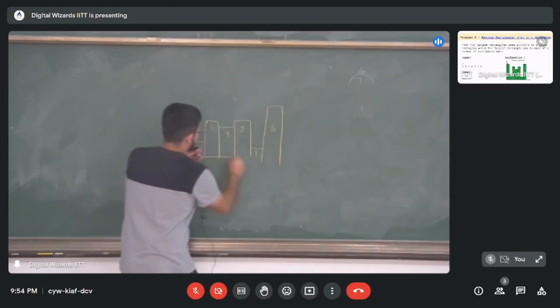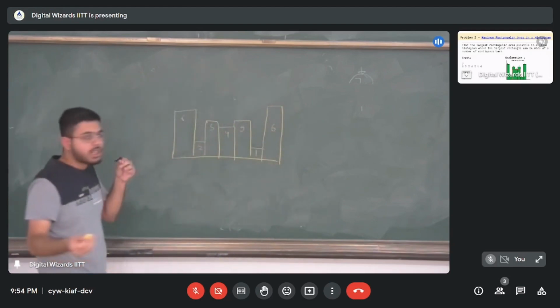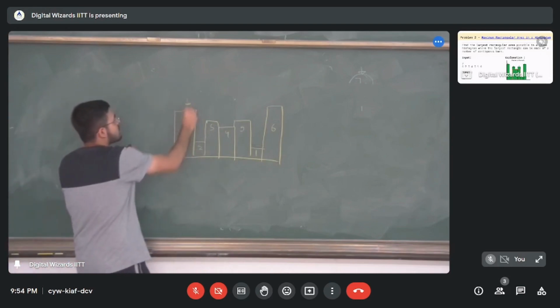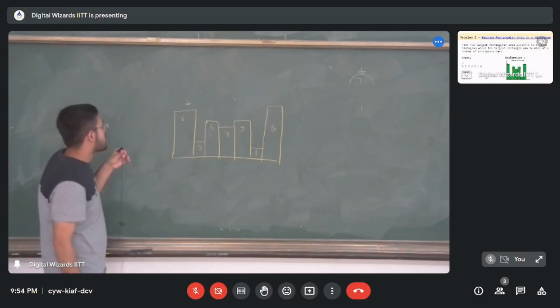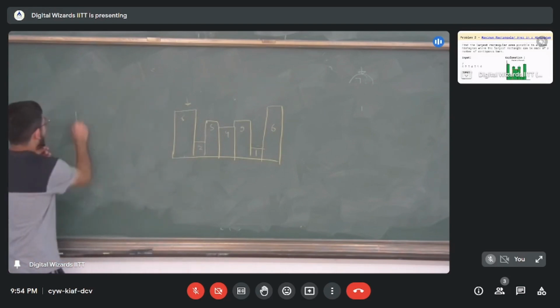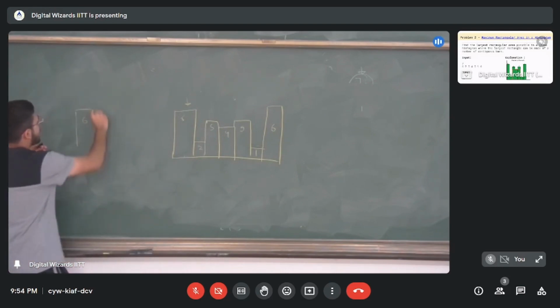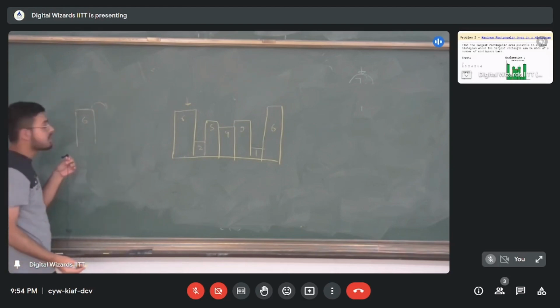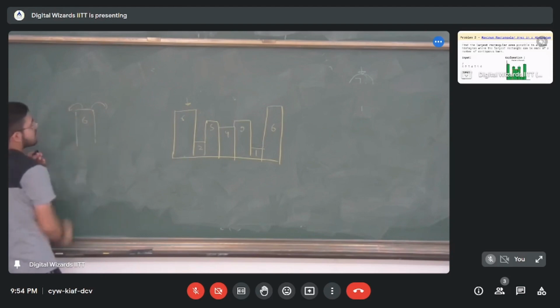Okay, now my algorithm says assume that the current element is the bottleneck. So I'm going to start with the first element, and I'm going to say, okay, my 6 is the bottleneck. So I need to find the next smallest element, right? The next smallest element and the previous smallest element. Obviously, the right smallest element doesn't exist. The left smallest element doesn't exist.